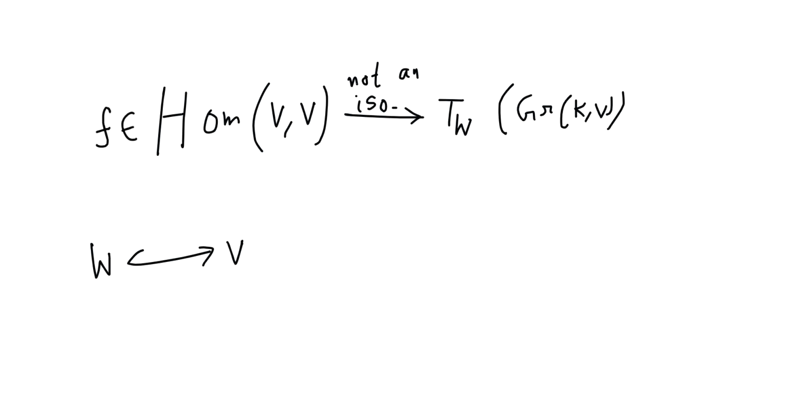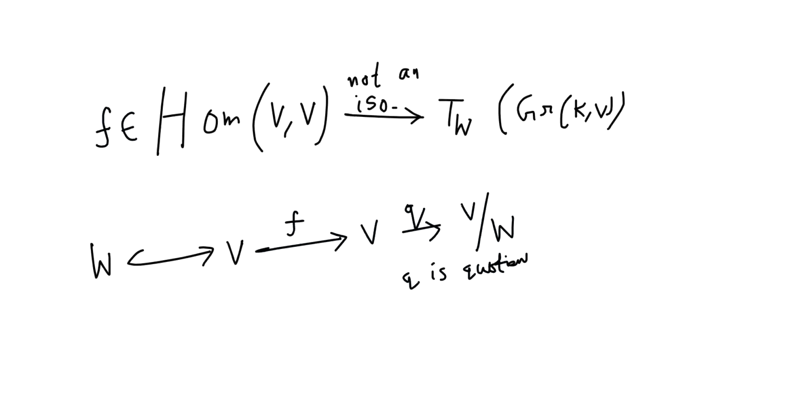This is a linear transformation from V to V. And then from V to V mod W, you have this natural quotient map. Q is the quotient map.